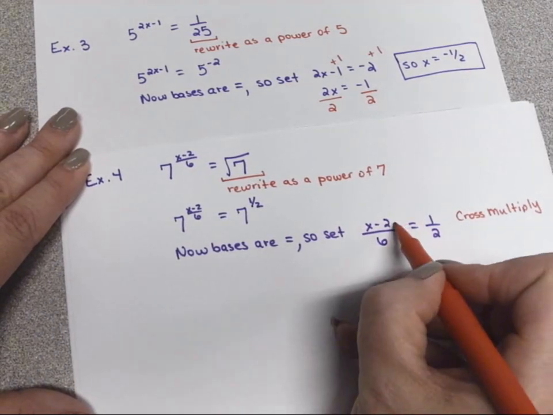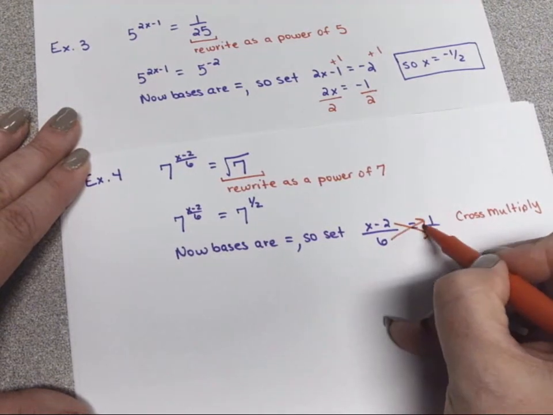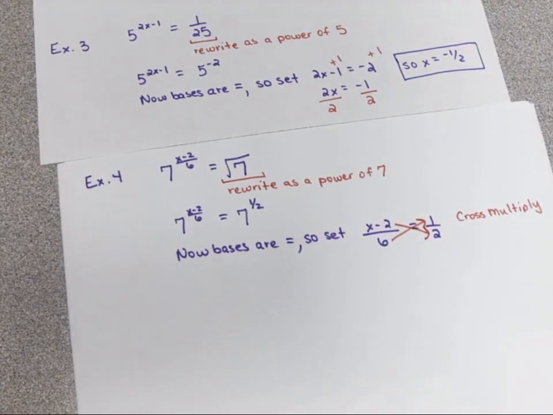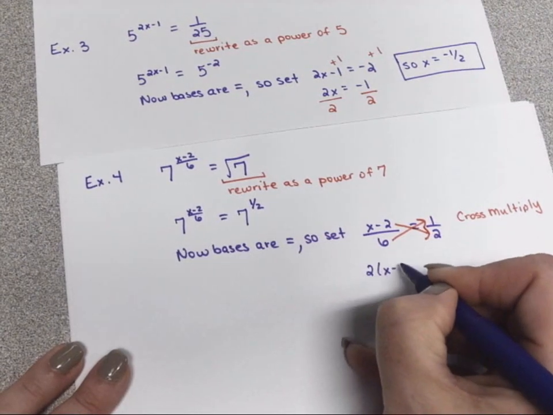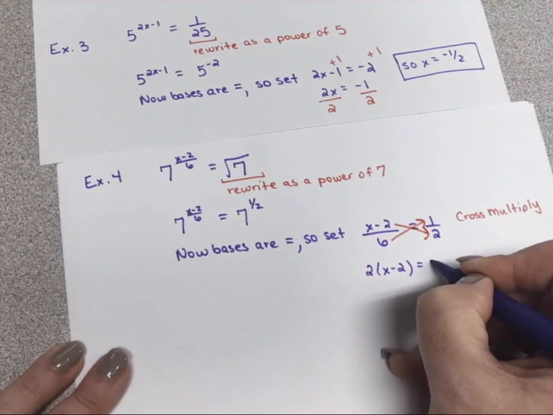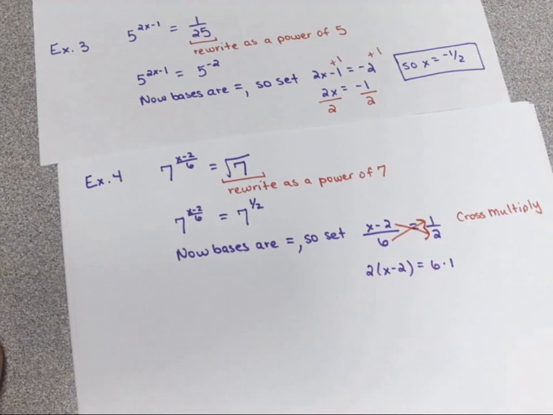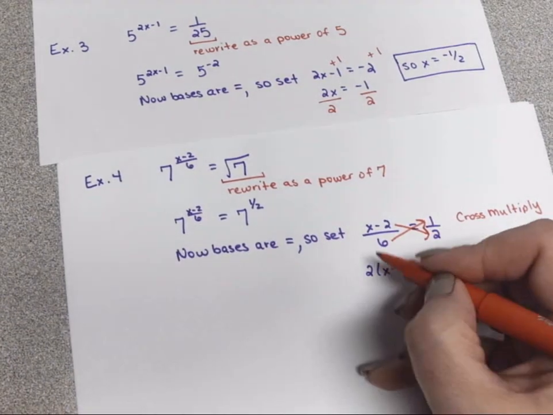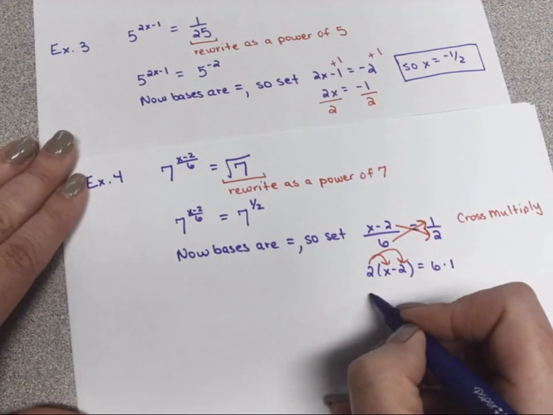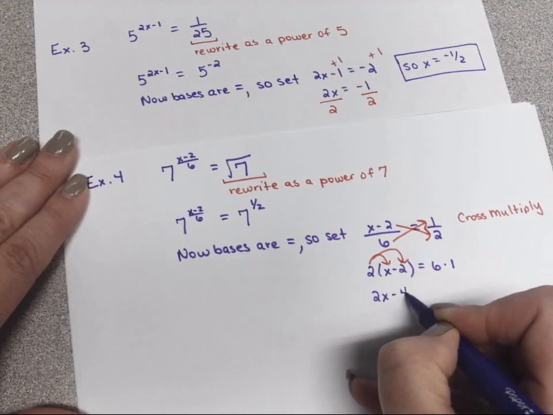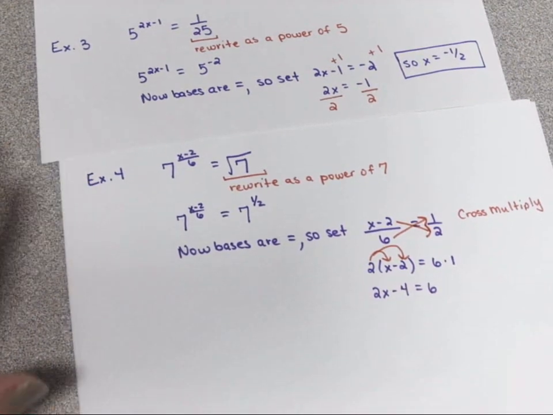That means you do this times this equals that times that. So we get 2 times x minus 2, notice I used parentheses, equals 6 times 1. It's important to use parentheses because this 2 needs to multiply by both things. So this is 2x minus 4 equals 6.